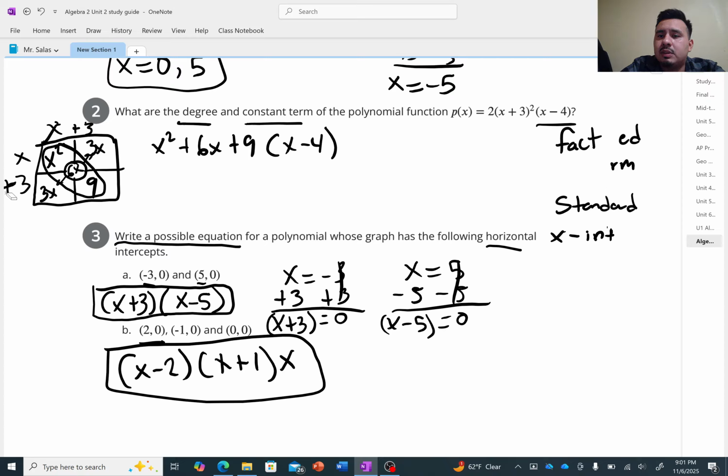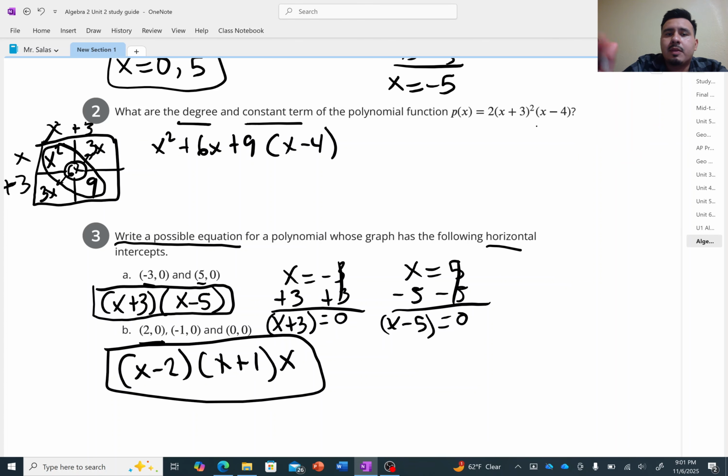I'm going to erase this so that I have more space. So now I'm going to do another box, but this box is going to be a 3 by 2. So I'm going to do my box here. It's going to be a little bit longer.